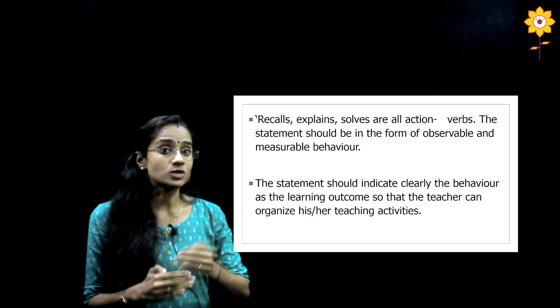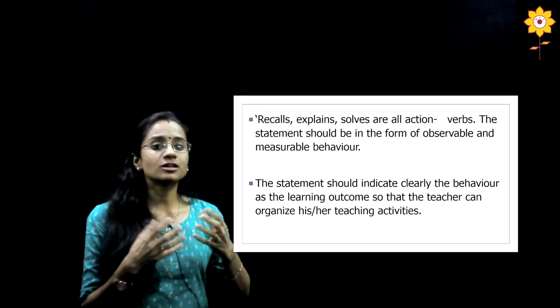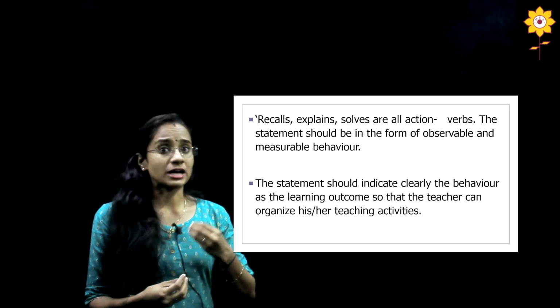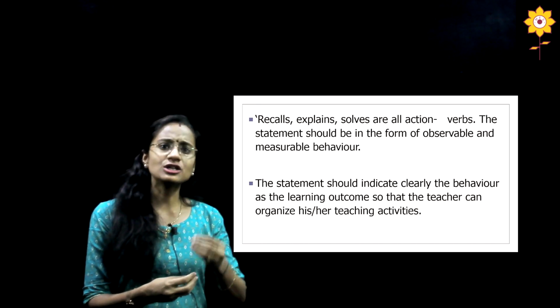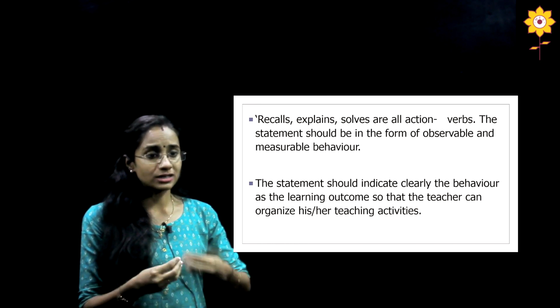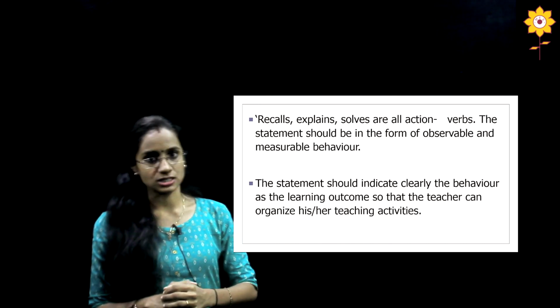Understood? So this is what we were discussing. So the statement should indicate the behavior that you want to achieve at the end of the class. Why do we want to do that? So accordingly, you can change your way of teaching, or you can organize your teaching activities in a way that you achieve it at the end. Clear?